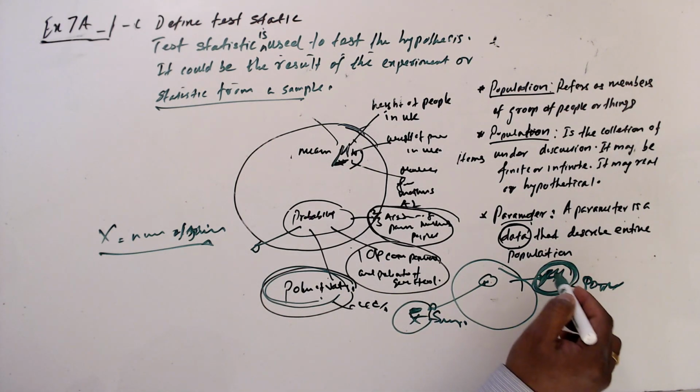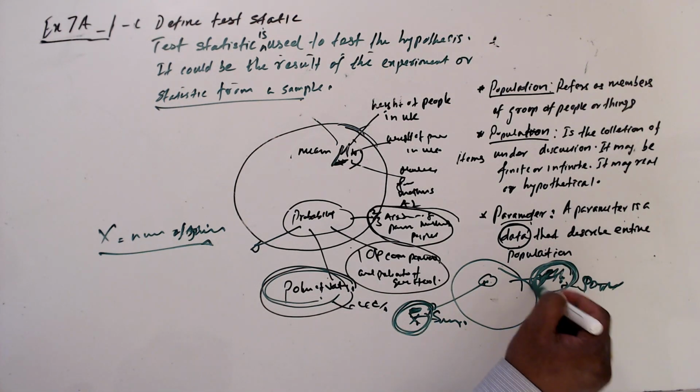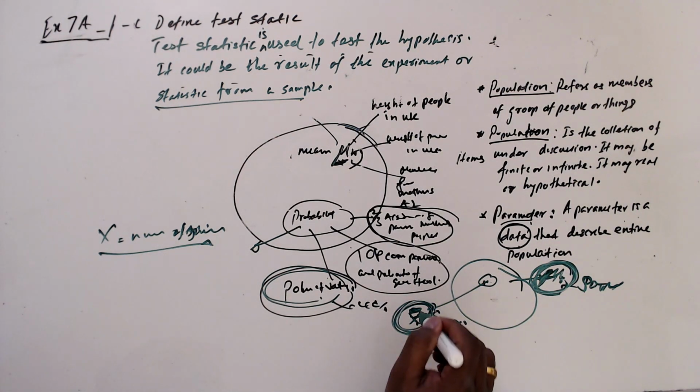We are going to predict mu by looking at the sample mean. It's something like predicting about the father by looking at the son. So, the population mean and the sample mean.